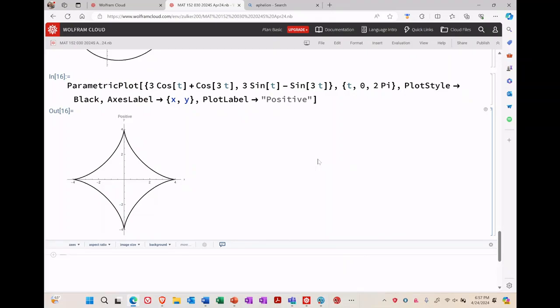It's going to almost resemble a diamond, which is just a rotated square. I think it's a square rotated 90 degrees.